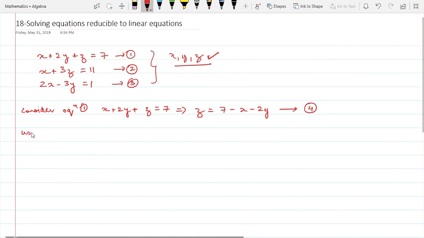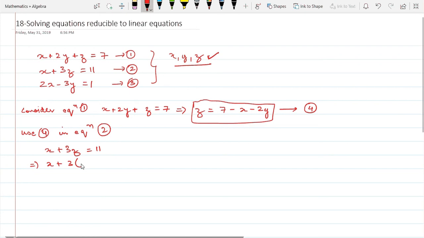Now use equation 4 that we just derived in equation 2. What we have here is x plus 3 times z is equal to 11. We have to eliminate z, and we can do so by using z is equal to 7 minus x minus 2y, so x plus 3 times (7 minus x minus 2y) is equal to 11.